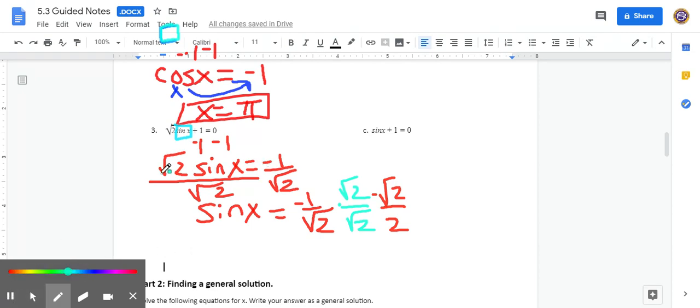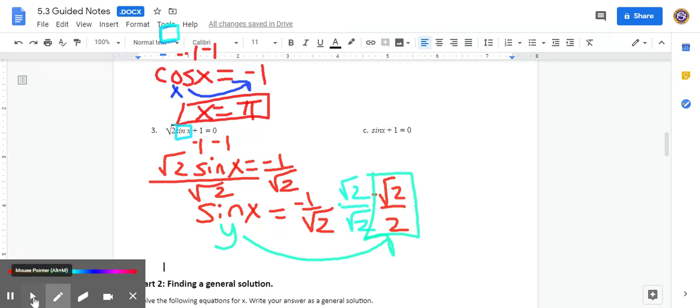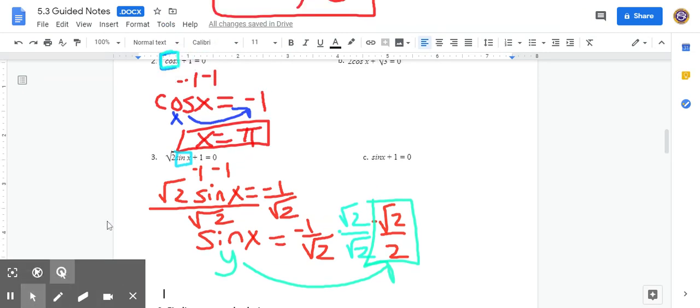All right, so for this one, when we got sine x alone, subtracted the 1, divided by root 2, then we had to simplify by multiplying by root 2 over root 2, and we get negative square root of 2 over 2 is what sine x equals. So sine is y, so we're looking for a y that is negative square root of 2 over 2. So now we have to go up to our unit circle.